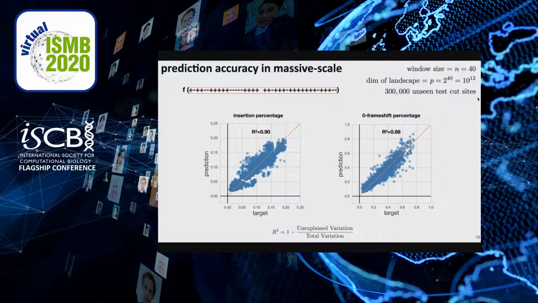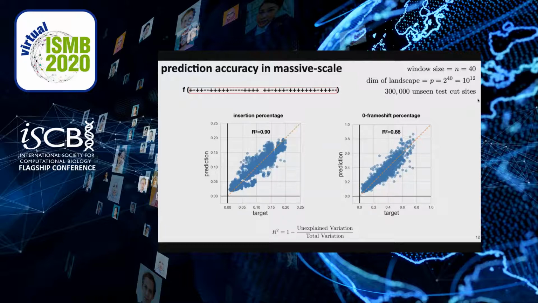We evaluated the performance of the algorithm in predicting the landscape on 300,000 random unseen CRISPR cuts. The prediction accuracies were pretty good on all the DNA repair landscapes that we tried. In particular, we are showing two of the landscapes in this case, which are insertion percentage and zero frameshift percentage that we have talked about.